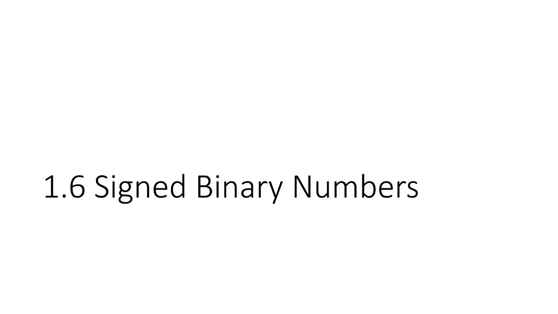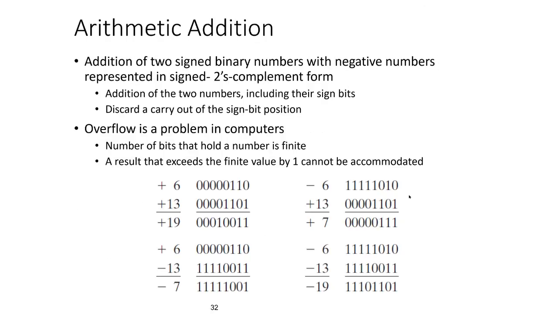But recognize that both of these negative numbers are in two's complement notation. So if they're stored that way in memory and additional operations are to be performed, the number's already in the right form for that to occur. Okay.